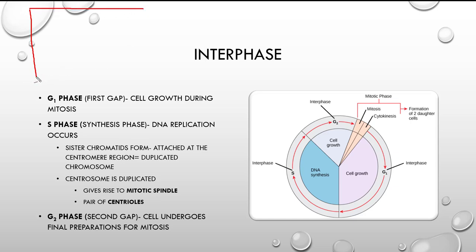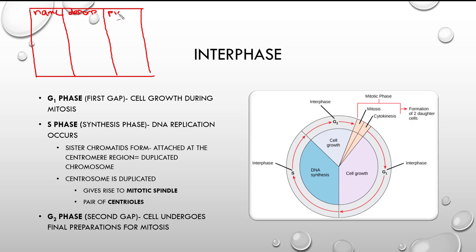I'm just going to kind of freelance it here, and then divide it into maybe 3 columns. The first column will be the name of the phase, and then the second will be a description, and then maybe the third part would be a picture.